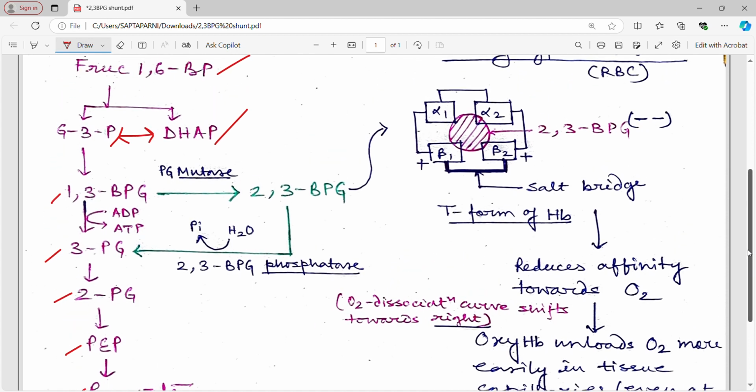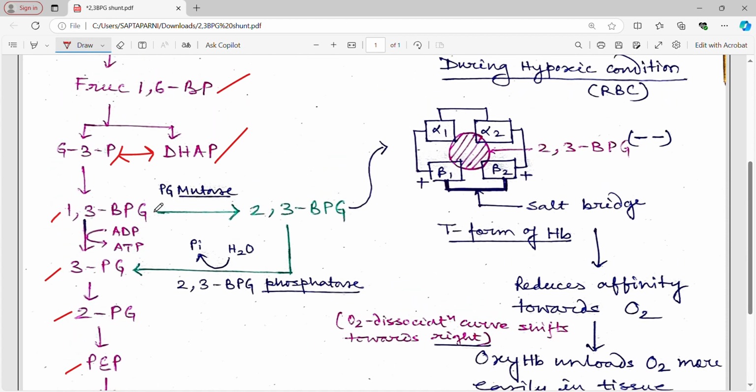Now, in this process, the 1,3-BPG or the 1,3-bisphosphoglycerate can be converted to 2,3-bisphosphoglycerate by the enzyme phosphoglycerate mutase, where the phosphate group from the first carbon is removed and another phosphate group is attached to the second carbon.